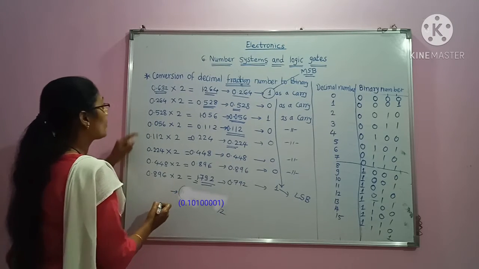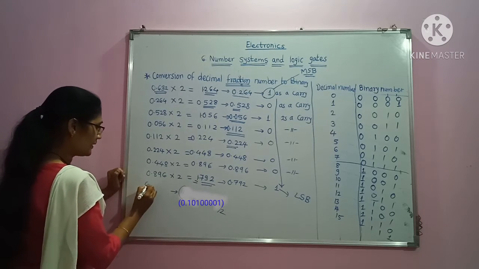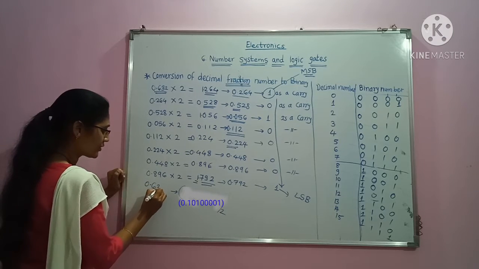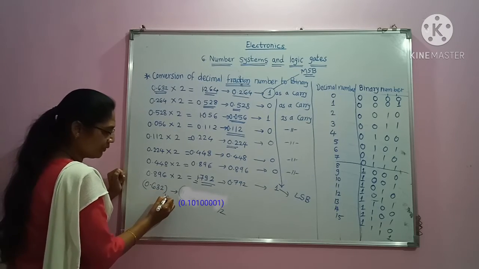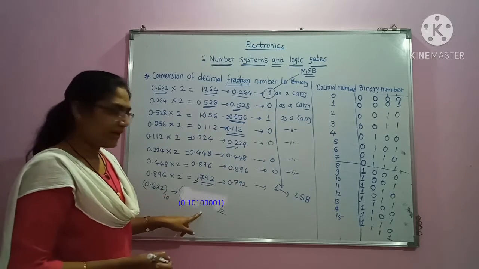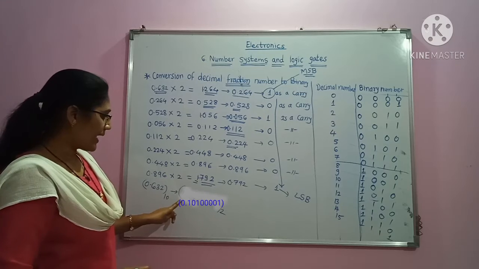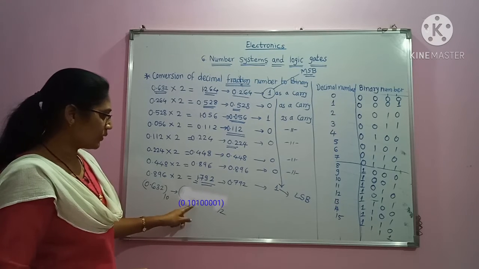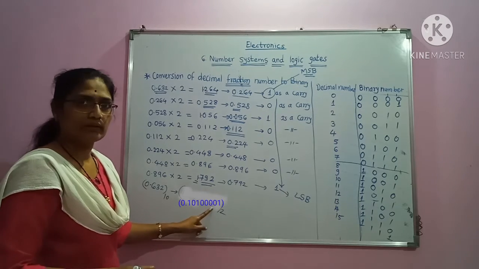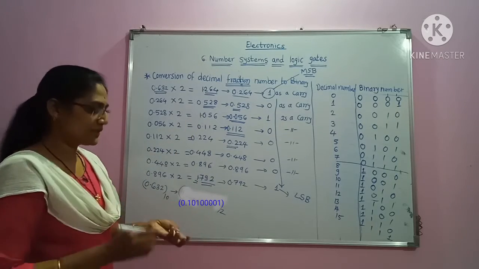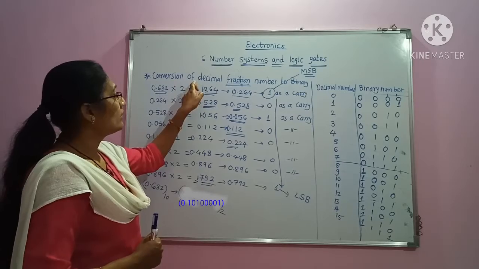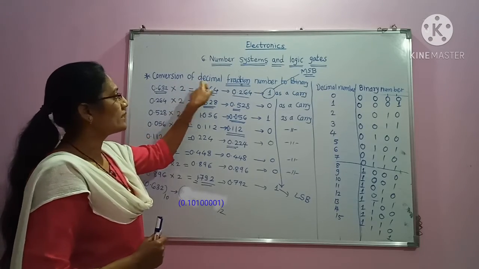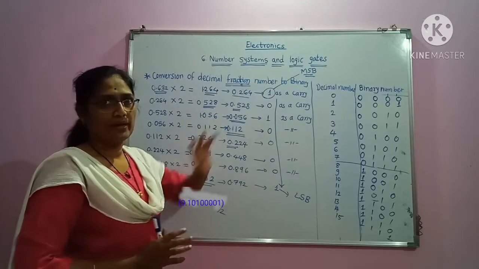So I have converted the decimal fraction 0.632 to its binary equivalent number as 10100001. So this is the simple procedure to convert a decimal fraction number to binary.